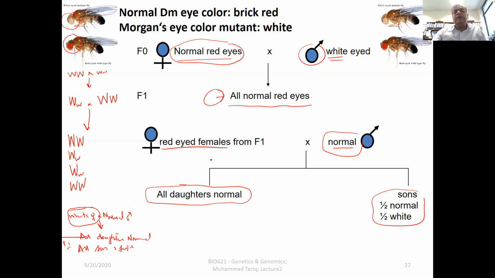And they assumed that the gene white is somehow showing sex-linked inheritance. So could it be that we have some chromosomes which are different in males and females?